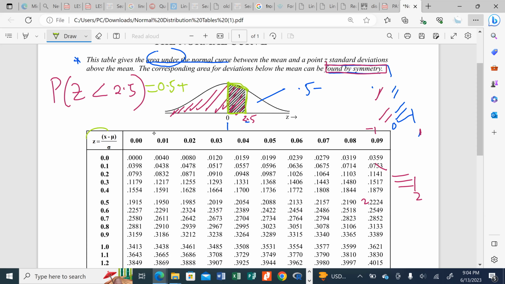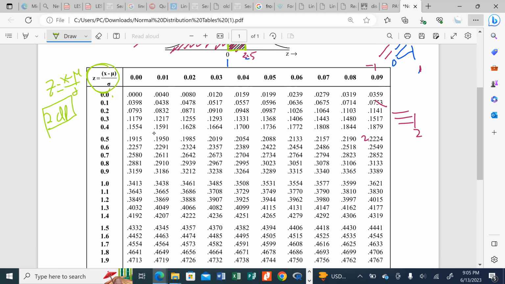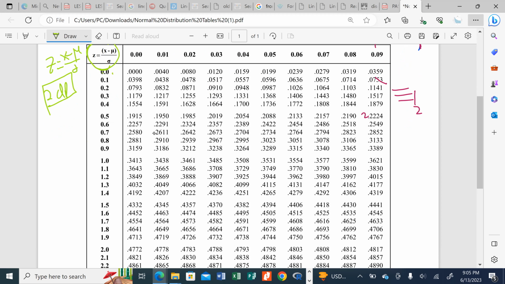So you go for a value of Z. Z is given in this column, and you can see the formula of Z is as we have given in our notes, (X minus mu) over sigma. Usually it's written to 2 decimal places. So you look for 2.50.